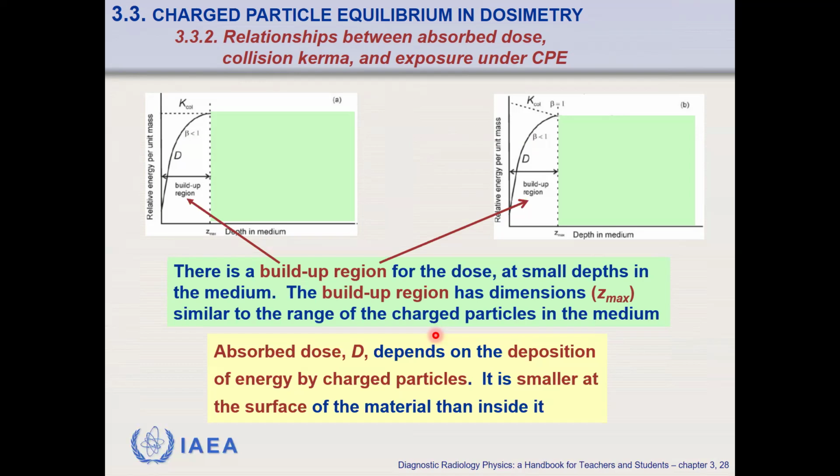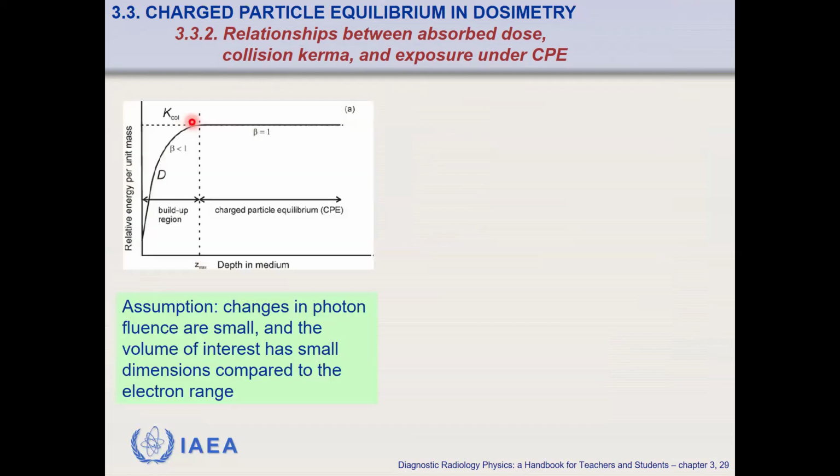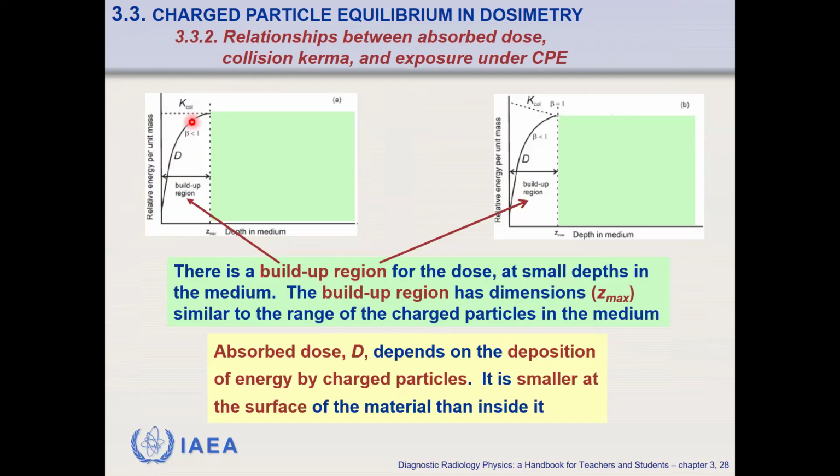It is smaller at the surface of the material than inside it. Of course inside the material, the absorbed dose is increasing. In both cases, we are talking about the build-up region in general.